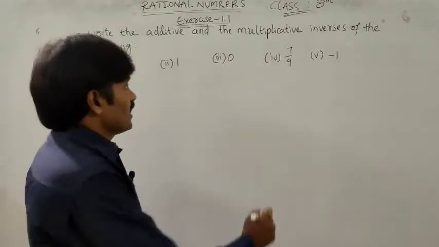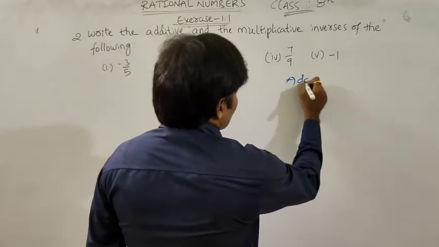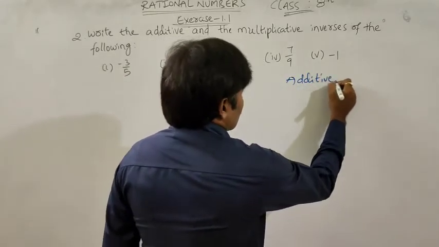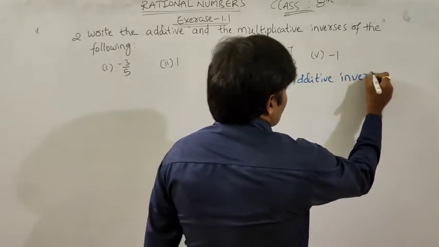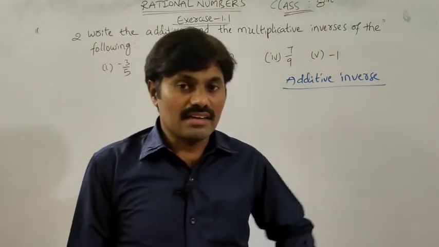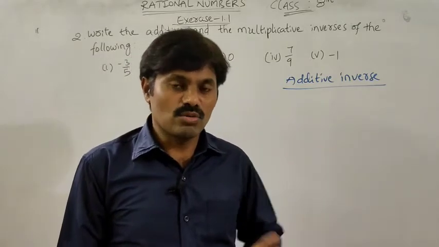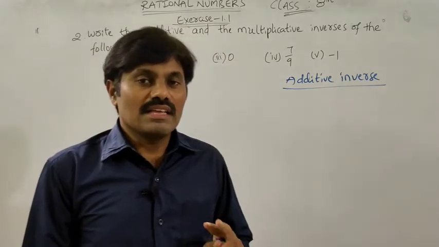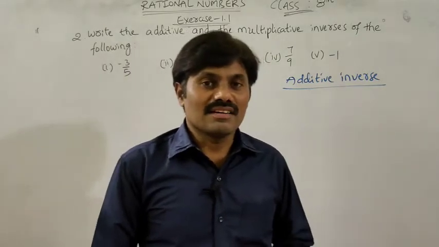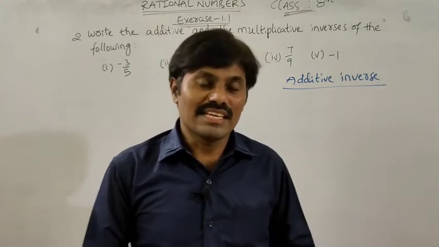First of all, what is the additive inverse? What is the definition of additive inverse? If the sum of any two rational numbers is 0, then each rational number is called the additive inverse of the other.